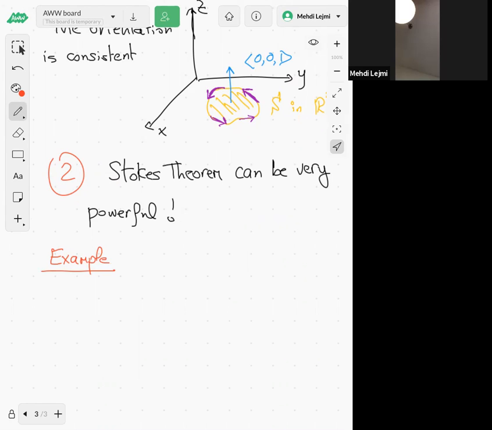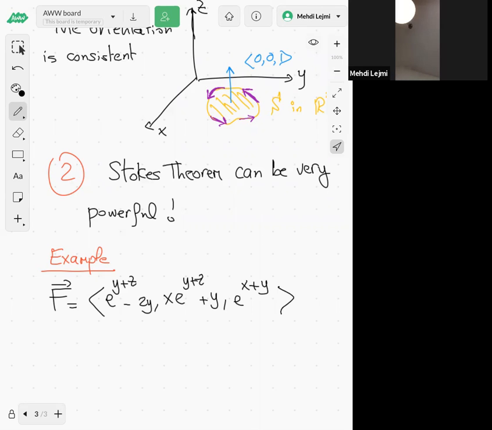Let's say you have this vector field F, a very complicated vector field. Let's say it's e to the y plus z minus 2y, x e to the y plus z plus y, and then e to the x plus y.